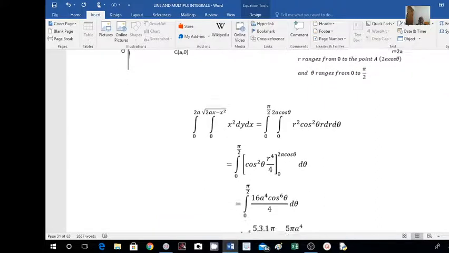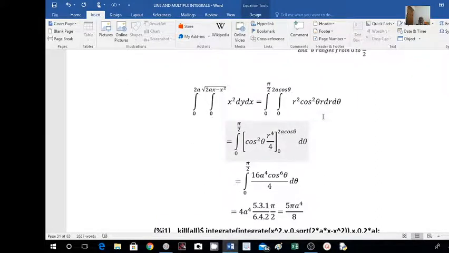Integrating this, first we integrate with respect to r. Here we have r square and r, so r cube is there, and cos square is a constant quantity. What is the integration of r cube? It is r to the power of 4 divided by 4, and cos square theta as it is, between 0 to 2a cos theta, and theta from 0 to pi by 2.